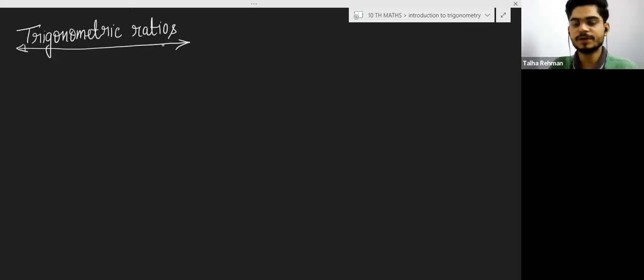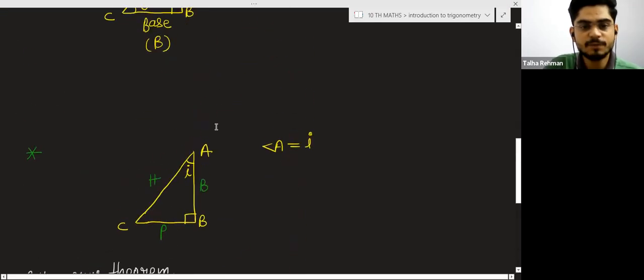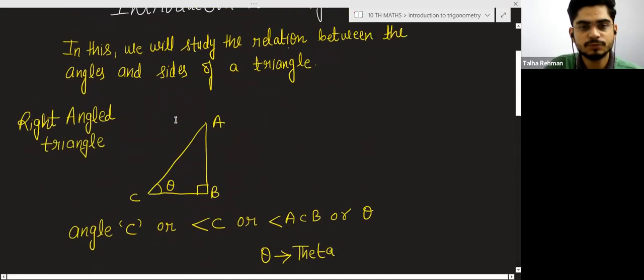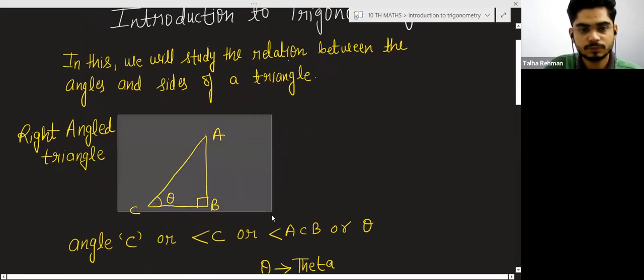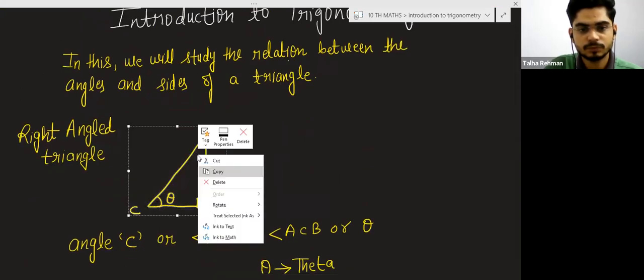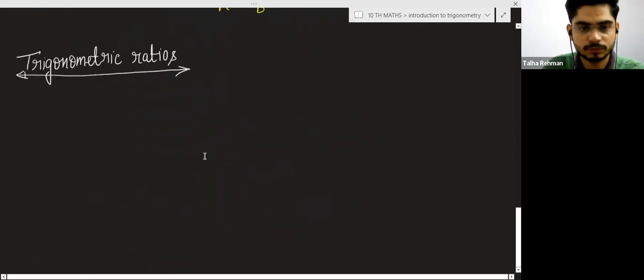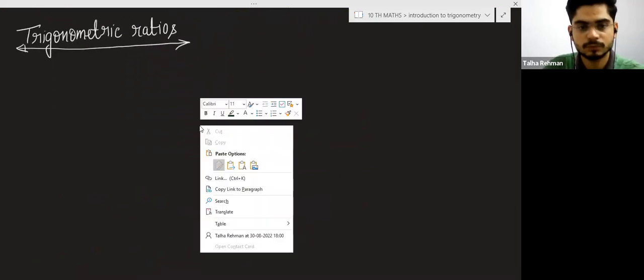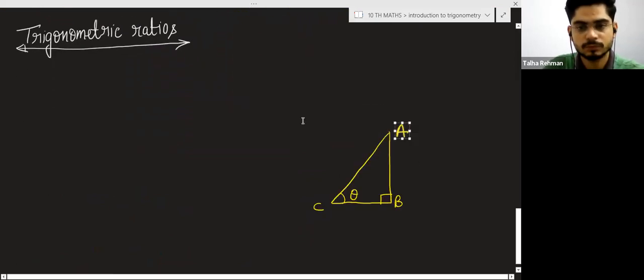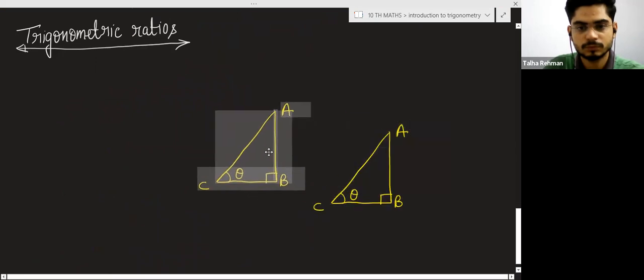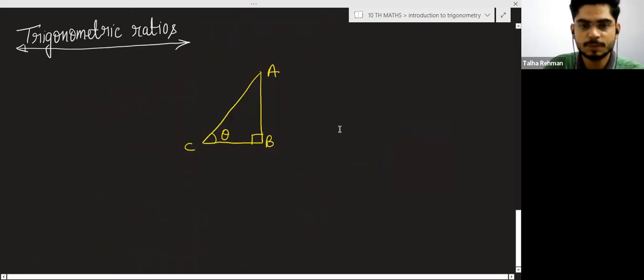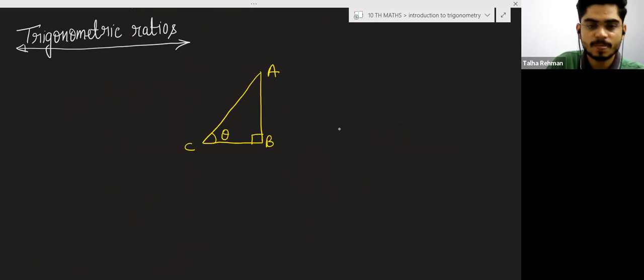So what are trigonometric ratios? With the help of a triangle, I will explain. Suppose we have this triangle.